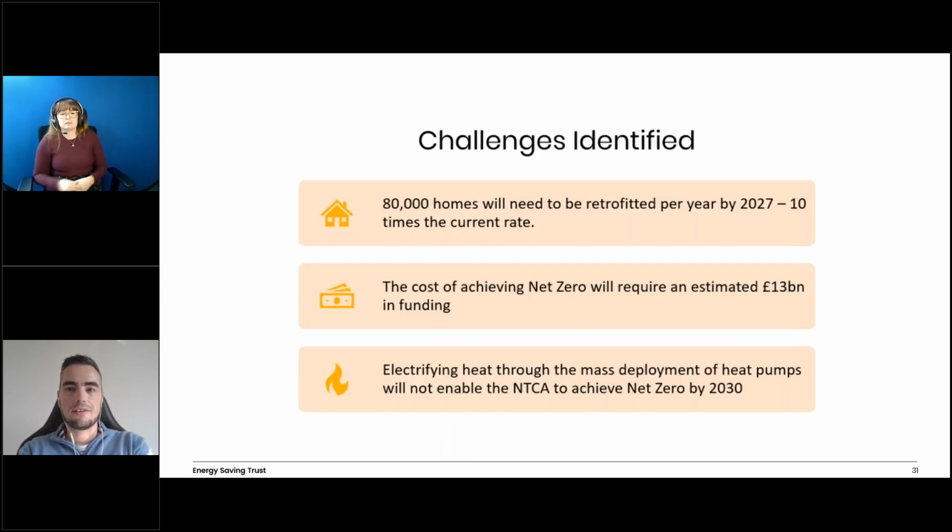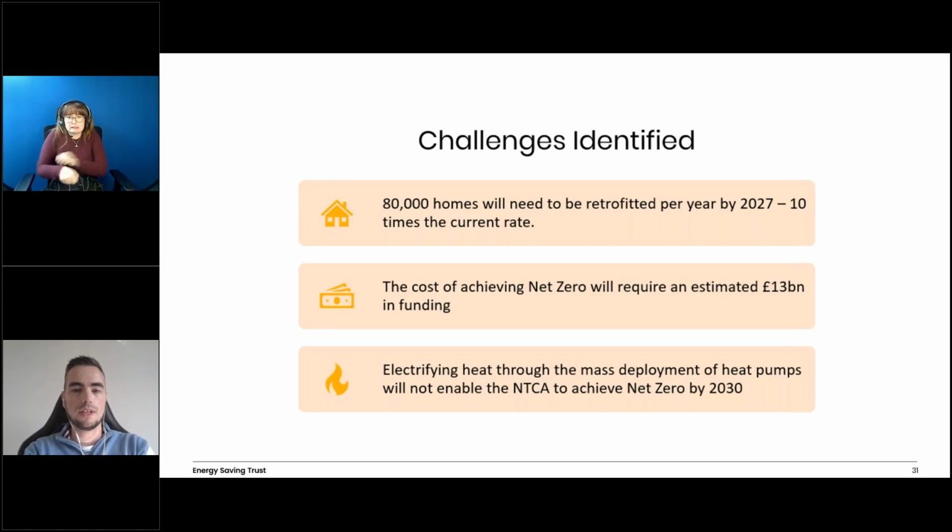So, challenges. There are inevitably challenges with a project such as this. 80,000 homes will need to be retrofitted per year by 2027, which is 10 times the current rate. That's something that doesn't just happen because you want it to. Serious plans need to be put in place to achieve that sort of thing.